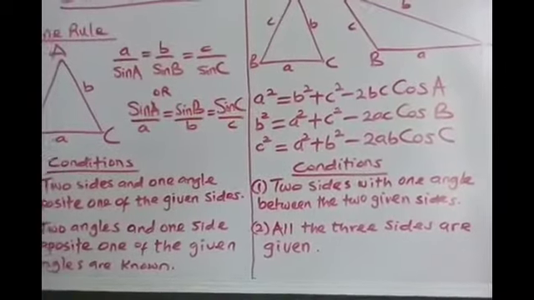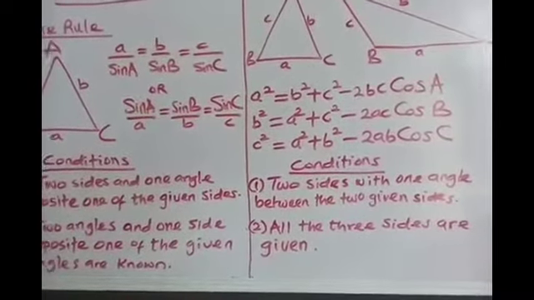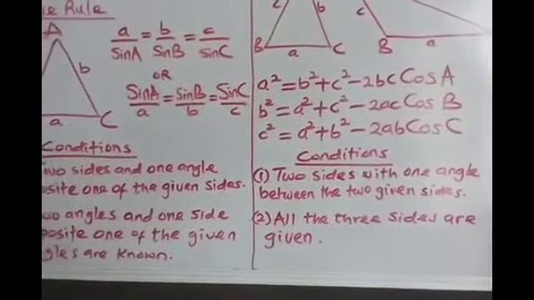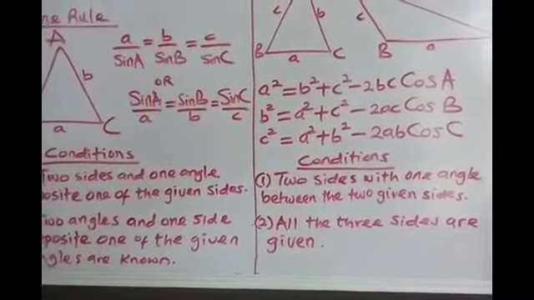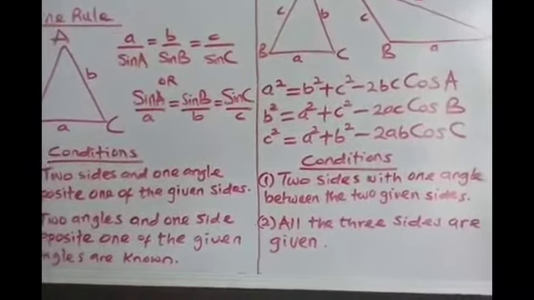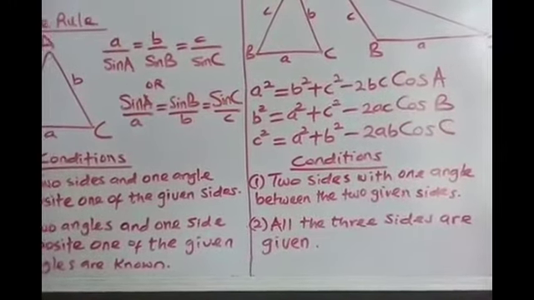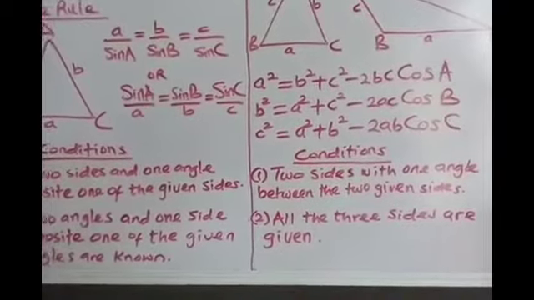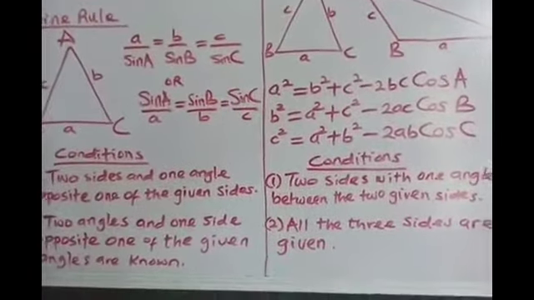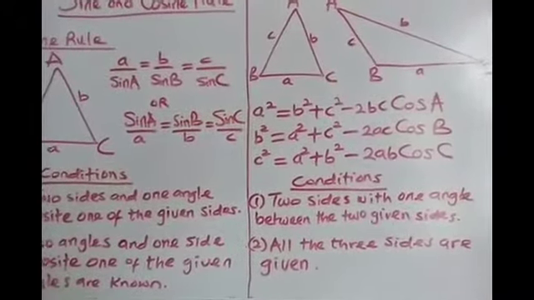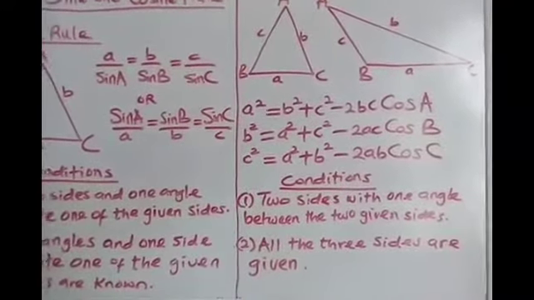Then if I also have to find side c, c squared will be equal to a squared plus b squared minus 2ab cos C. What are the conditions that will warrant us to use cosine rule for a given triangle? The first condition is two sides with one angle between the two given sides are known.